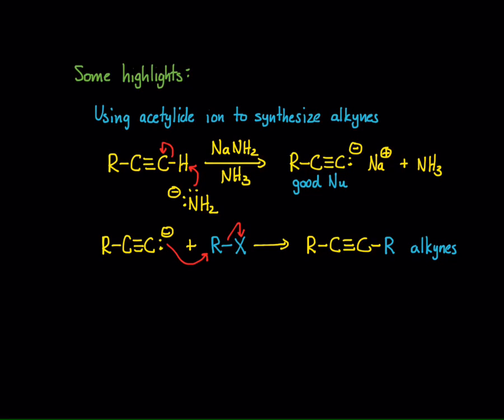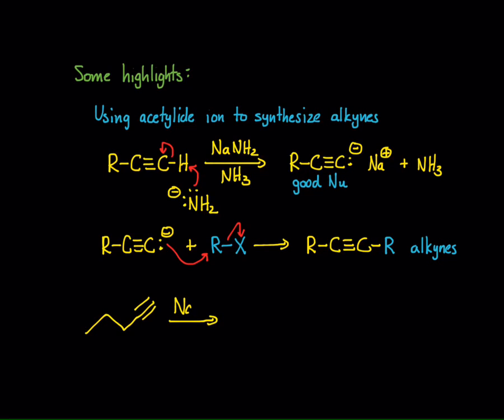So this is a way of making internal alkynes, or you could make terminal alkynes. If you start with acetylene, you can alkylate acetylene to get a terminal alkyne, and then you can deprotonate it to get a different type of acetylide ion, and then use that to make an internal alkyne.